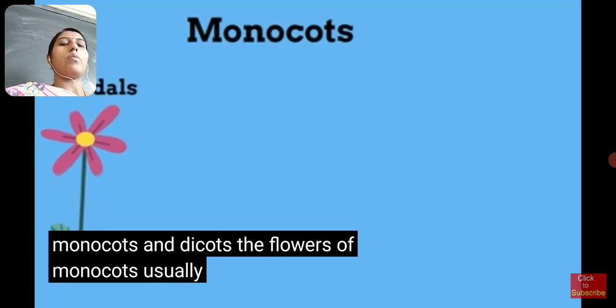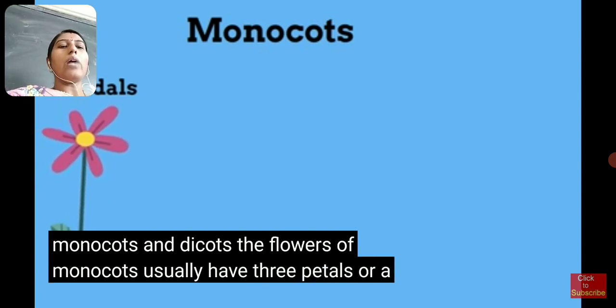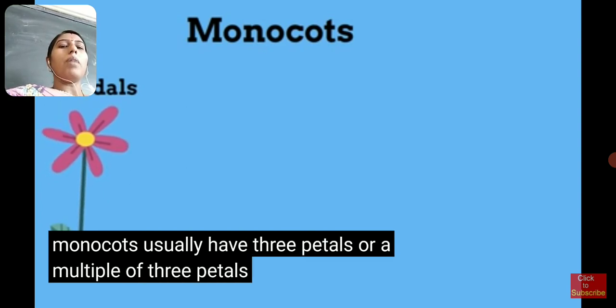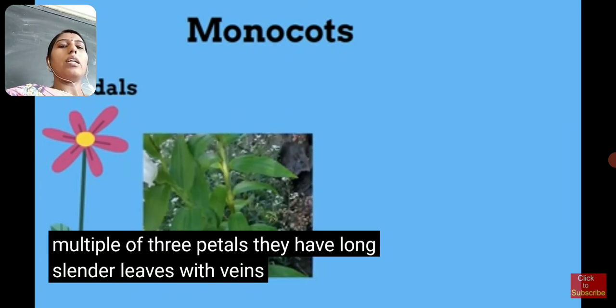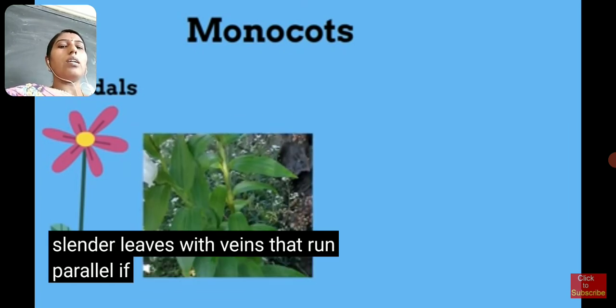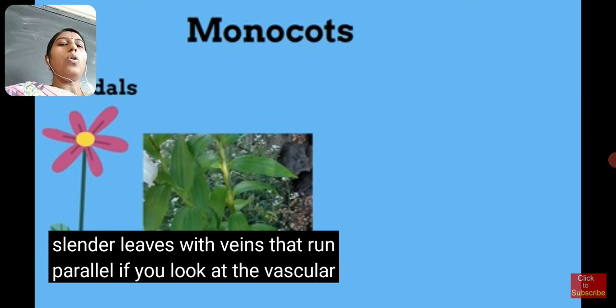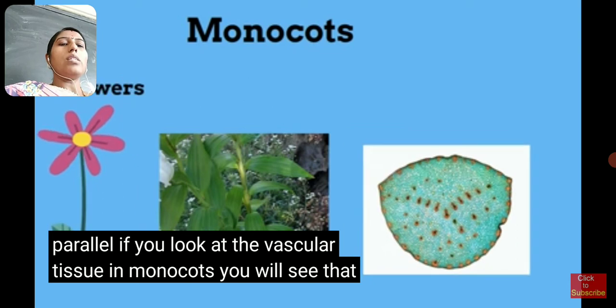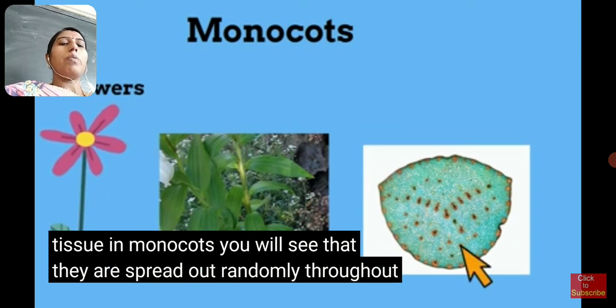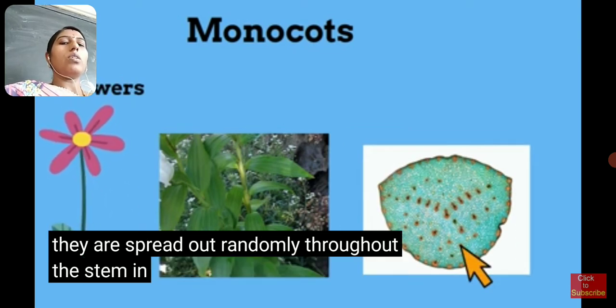So let us take a look at some major traits of monocots and dicots. The flowers of monocots usually have three petals or multiples of three petals. They have long slender leaves with veins that run parallel. If you look at the vascular tissue in a monocot, you will see that it is spread out randomly throughout the stem.